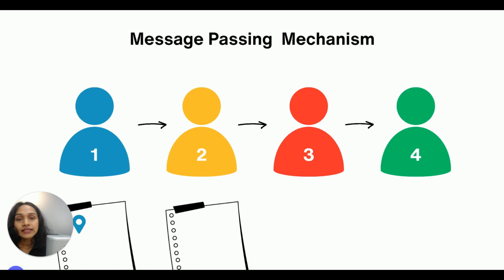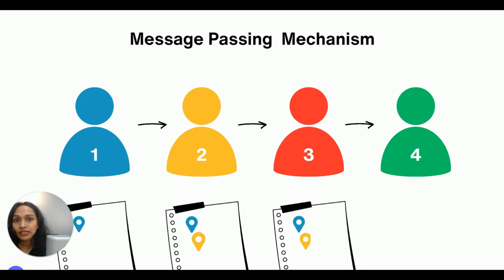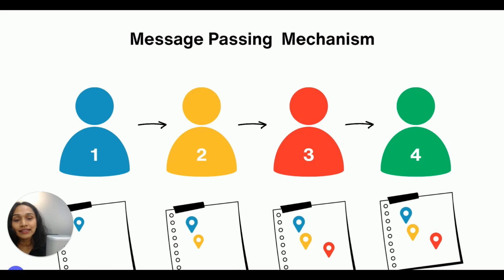Now friend 2 reads the location written by friend 1, and based on that, he updates his preferred location on that paper. And then he passes that paper to 3. Now 3 reads the locations written by 1 and 2, and based on that, 3 updates his preferred location, and then he passes that paper to friend 4. Now friend 4 gets to know all these locations written by friends 1, 2 and 3, and based on that, he writes his preferred location, and he summarizes that and reads that out. And they finalize the location like this.